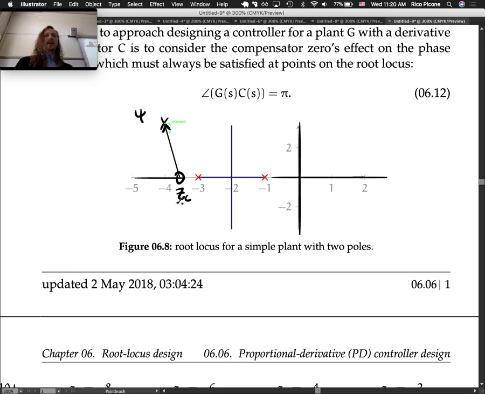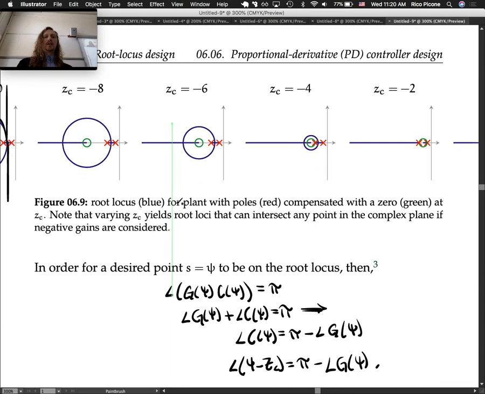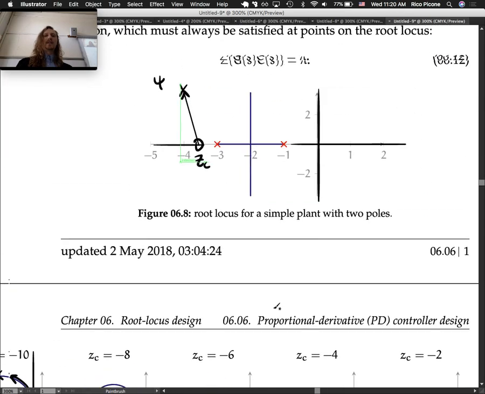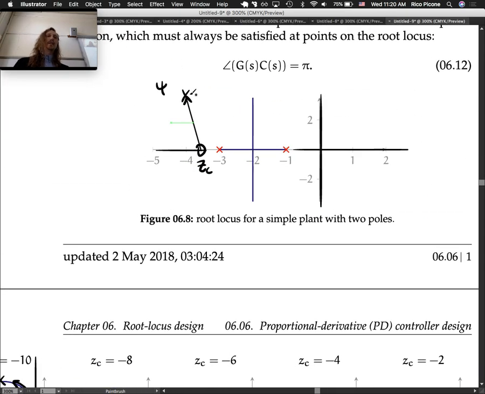We're looking for the angle of psi minus ZC. Thinking in terms of vectors, the angle of psi minus ZC is the angle of the arrow, or the vector, that's drawn from ZC to psi, right? So it's this angle.